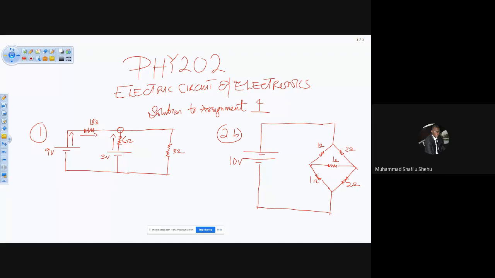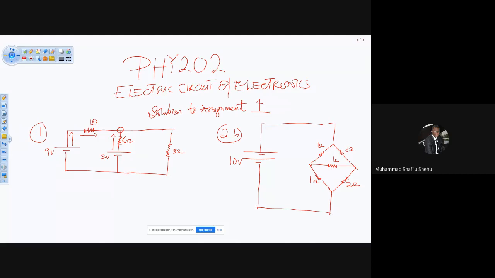It's the same as saying you have two currents coming from two conductors and then flowing into one. According to our assumption, the current coming from the 9 volt and the other current coming from the 3 volt are going to merge at junction 1, the upper junction.